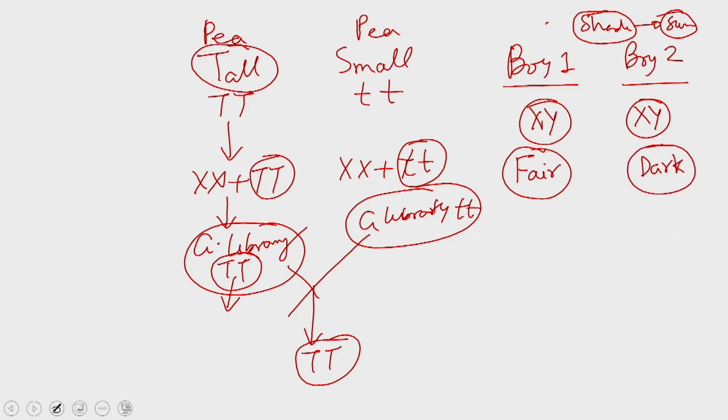That happens because this person is expressing additional genes, like for example XX, which are responsible for giving a dark color to the skin. In these cases you are going to generate the cDNA library from these two individuals, and then you will do exactly the same.